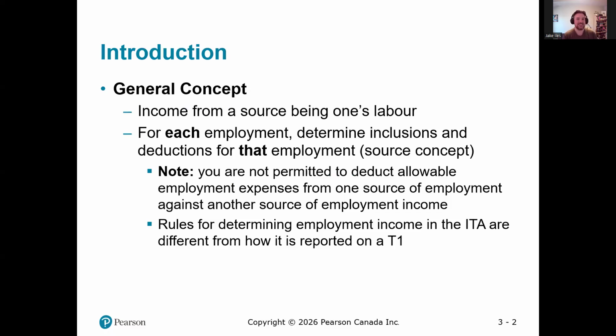I can't deduct my office expenses from the job that doesn't use my office. So when I wait tables, I'll have a bit of employment income, maybe some tips that will be reported separately. And then my office work that I do from home, I'll report that income. And if there's enough to warrant it, I might be able to deduct certain office expenses. So whenever we're discussing income amounts and deductions, it always has to relate to the income we're talking about.